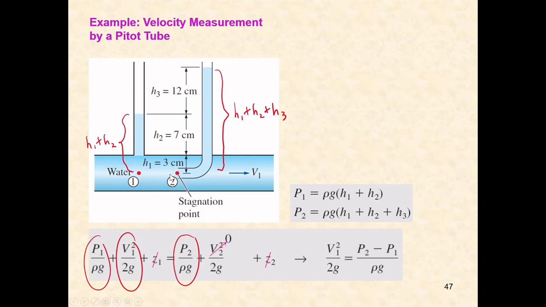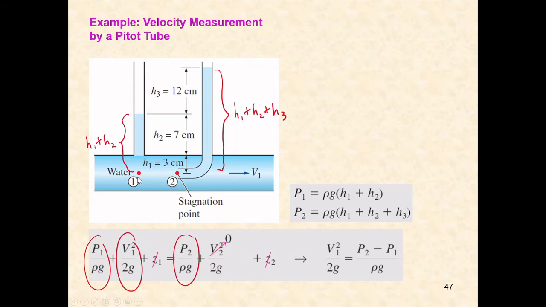When we compare point 1 and point 2, we write the Bernoulli equation for point 1 equal to the Bernoulli equation for point 2. At P1 you have some pressure, and at P2 you also have some pressure, so P1 and P2 are present in the equation.